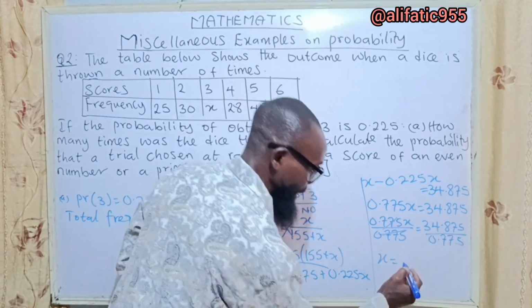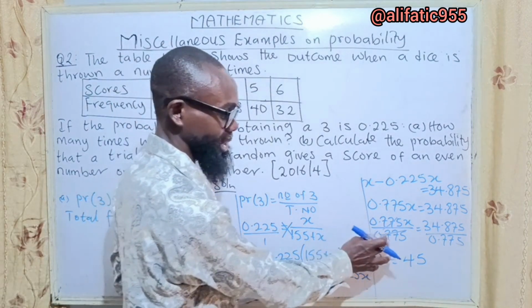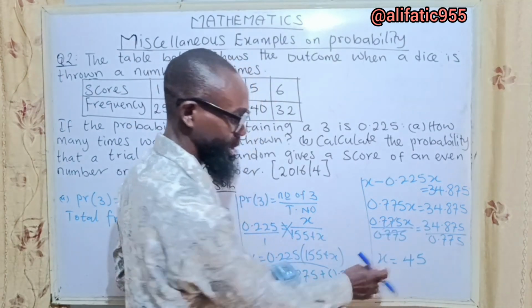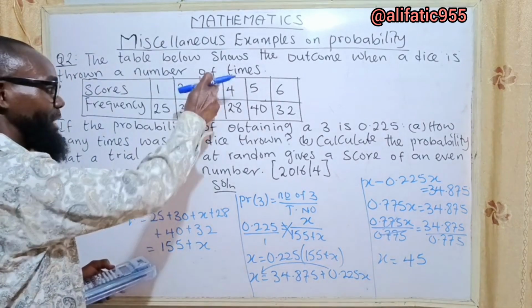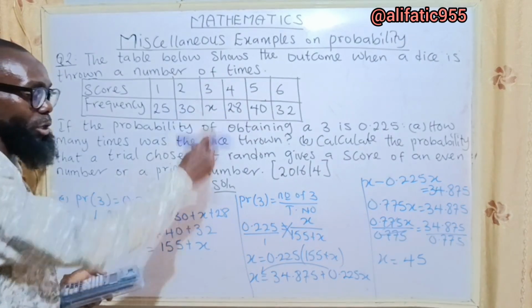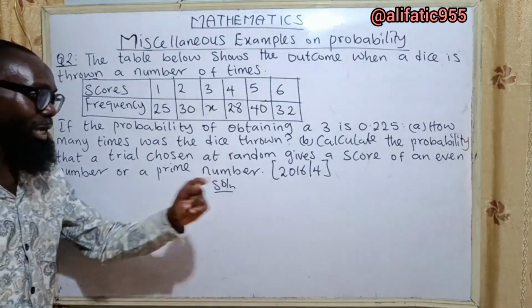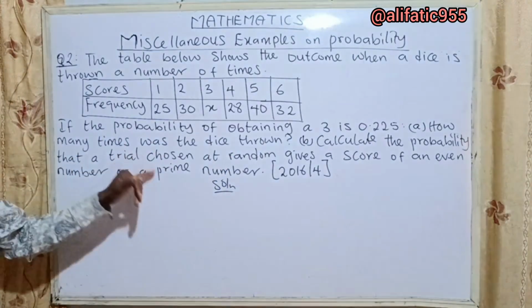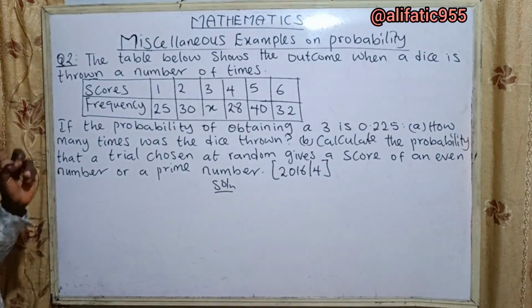The value of x is 45. So when we divide both sides by 0.775, we get 45, which means that this score 3 is going to have a frequency of 45.